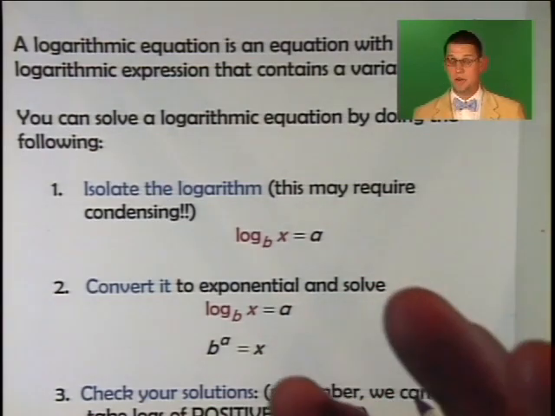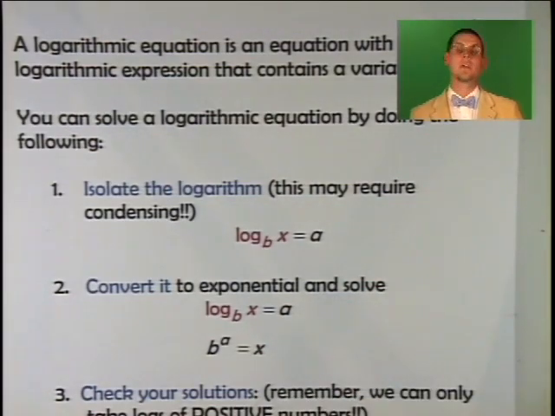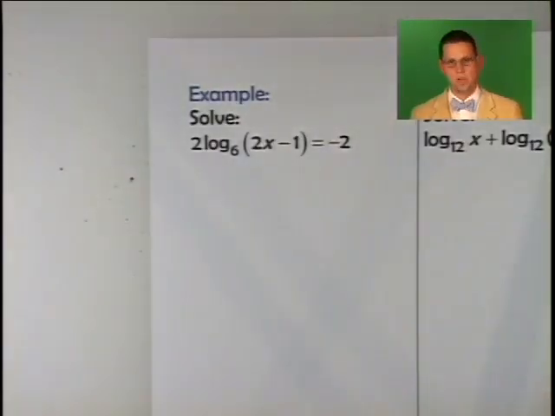And once we have it in terms of an exponential equation, now we can fall back on those other two methods for exponentials that we just learned about. So we can reduce it down to a process that we already know. We just got those two extra steps. Isolate, which might involve condensing, and convert. Isolate and convert.